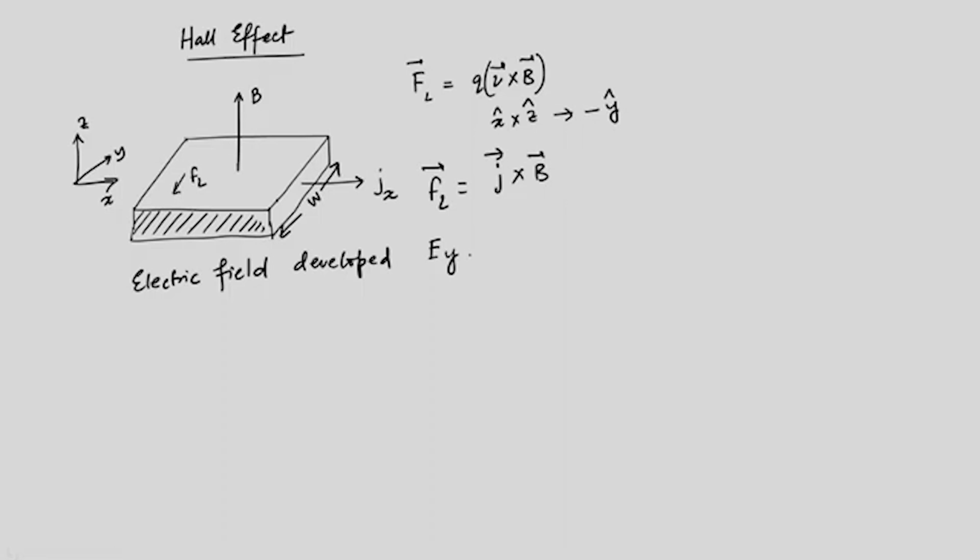If W is the width shown there, that results in a voltage because of this electric field. Let's call that Vy, which is Ey times W. The sign of this voltage tells you about the nature or properties of the charge carriers that are responsible here.